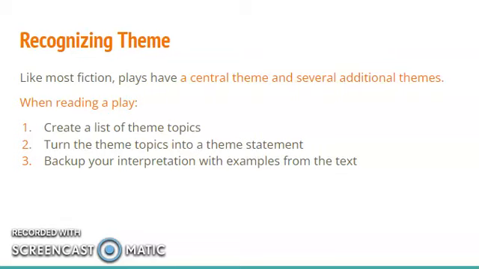That is what the author is teaching us about love, about death, about loyalty, the lesson that we're learning from them. Then we'll back up that interpretation with examples from the text. So we use text evidence to support our theme statement. So reading drama, you do a lot of the same things that you would reading short fiction or novels, but there are just a few different things you have to note based on the differences of the genre.